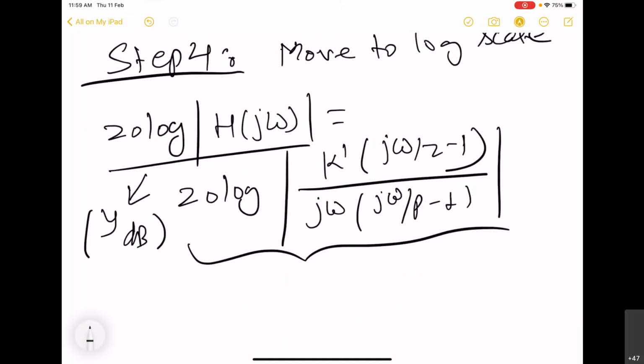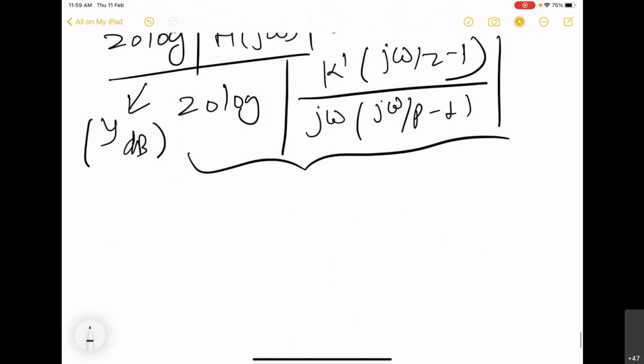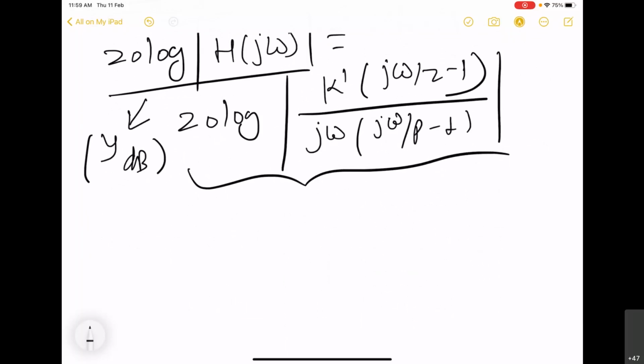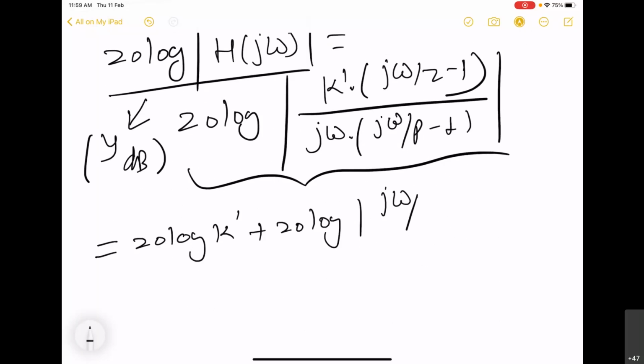The right-hand side is a complicated thing, which fortunately in the log domain gets split into simpler terms. So we can do the expansion and this will become 20 log K dash plus 20 log magnitude of the zero term minus 20 log of the pole terms in the denominator.